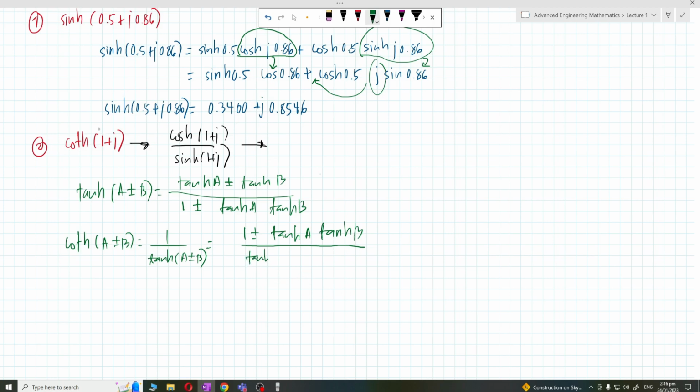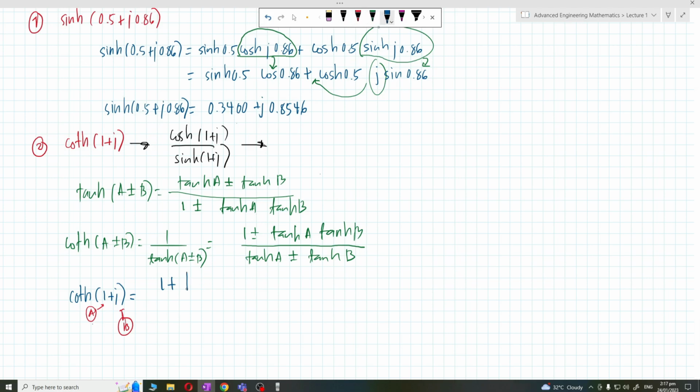Meaning guys, yung cotangent hyperbolic of 1 plus j, yung A mo dito yung 1, tapos yung B mo yung j. Nakuha ba?